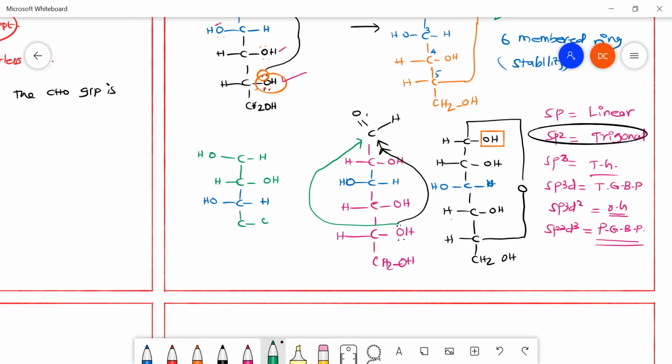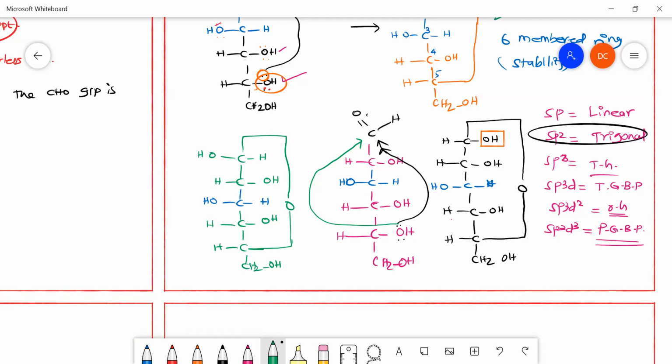And here also C, OH, H. Here also C. I can write the ring like this. And here CH2OH, and here one hydrogen. Is that clear?